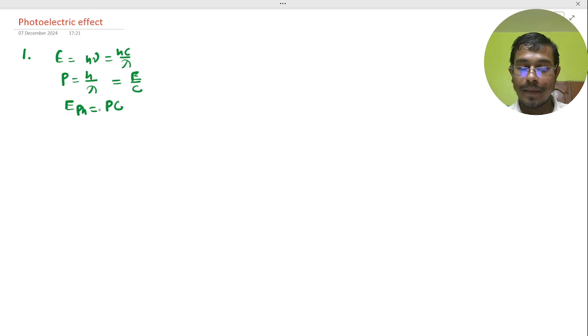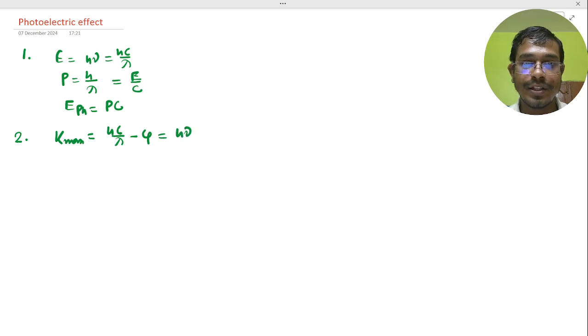The maximum kinetic energy of the photoelectron, from the Einstein photoelectric equation, is K max equal to hc by lambda minus phi, equal to h nu minus phi, where lambda naught is the threshold wavelength, equal to hc by phi.